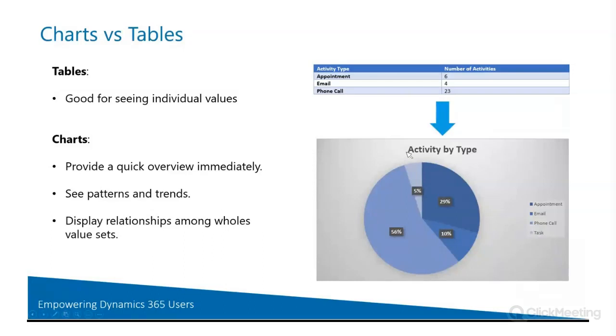This is exactly what's shown here. I can see, for a certain account, all the activities by their activity type. I see that all in one quick glance, right? So there are a couple of things to keep in mind when deciding when to use a table and when to use a chart. If you keep these in mind, it's very helpful. It's helpful to me, so I hope that's helpful to you.